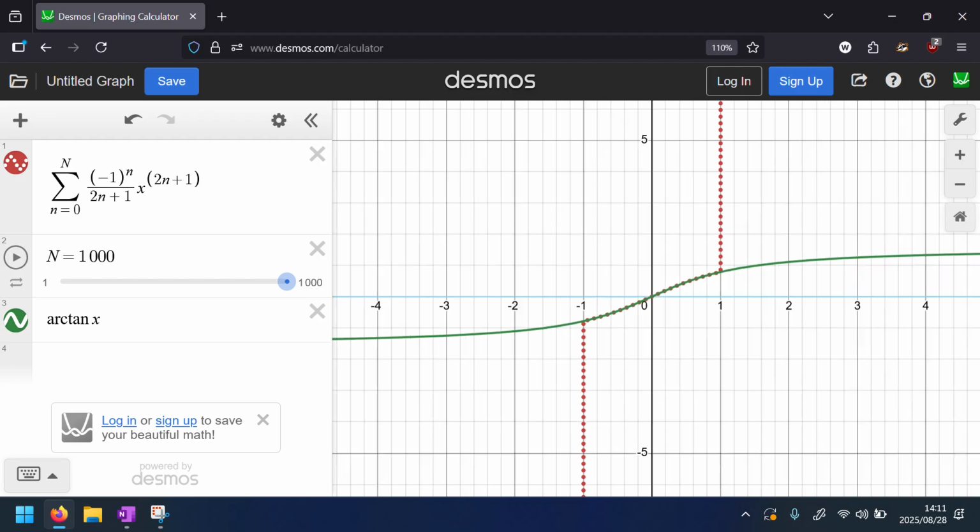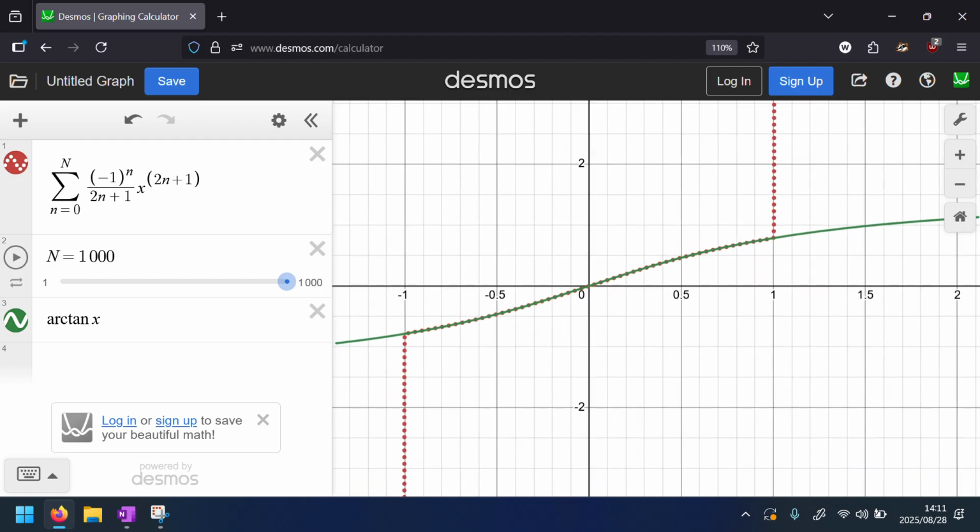I'll zoom in here. The red, that's the Taylor series, but notice it never goes beyond the interval minus 1 to 1. You can add as many terms as you like, it will never go past that. That is what we refer to as the interval of convergence. From minus 1 to 1, you see they perfectly overlap, no problems. Outside the interval, very big problems.